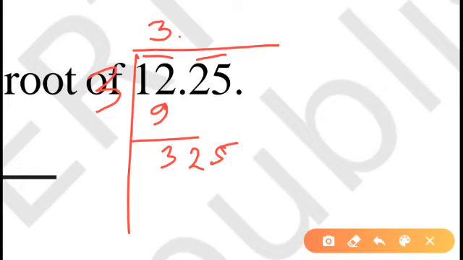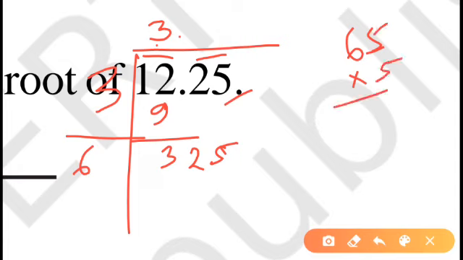Now the step is we have to double the quotient. Here it is 3, so 3 times 2 is 6. Now we take a number and write it next to 6 and multiply by the same number. Because it contains 5 at the end, we'll take 5 as the first choice.